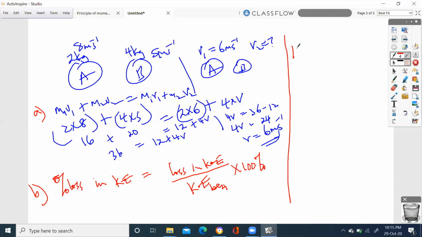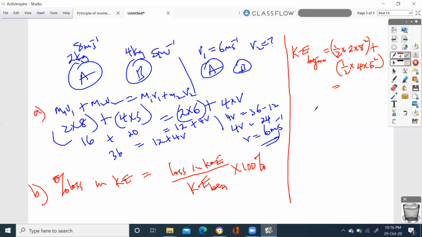So let's get the loss in kinetic energy. Kinetic energy before is equal to 1/2 times 2 times 8 squared plus 1/2 times 4 times 5 squared. What do you get?